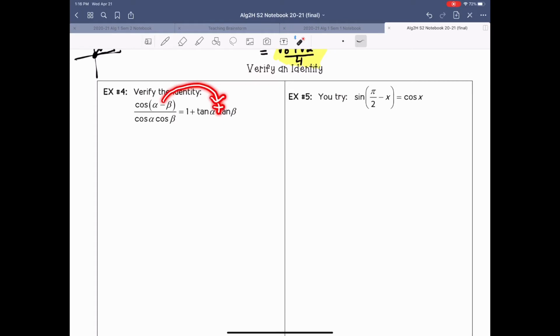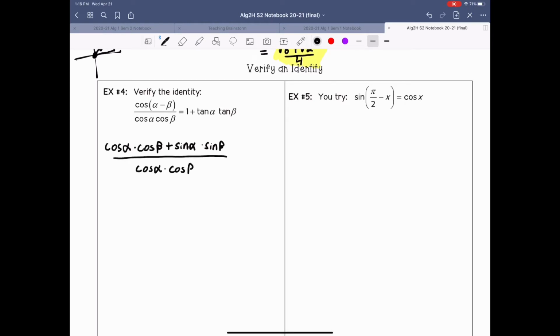And also, whenever we deal with expanding cosine, we break it up into cosine times cosine and sine times sine. So the cosine of alpha minus beta can be rewritten as the cosine of alpha times the cosine of beta plus the sine of alpha times the sine of beta. And that is all over the cosine of alpha times the cosine of beta.